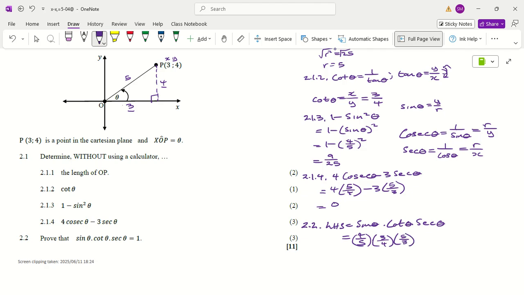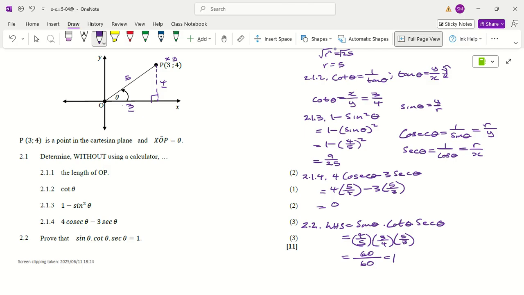So if we multiply throughout here, we'll have 5 times 4 times 3. In the denominator we'll have 60. And then 4 times 3 times 5, which is also 60. So this is equal to 1.